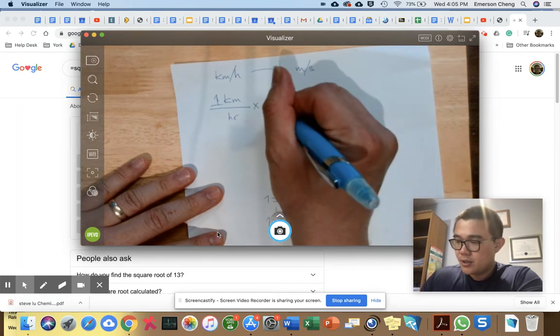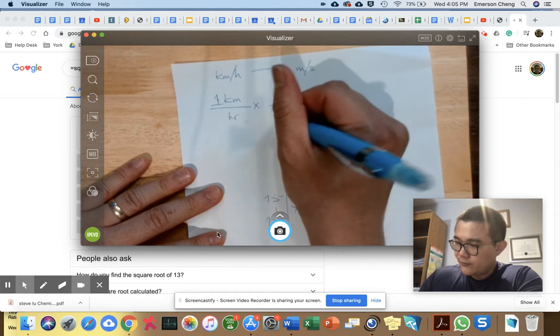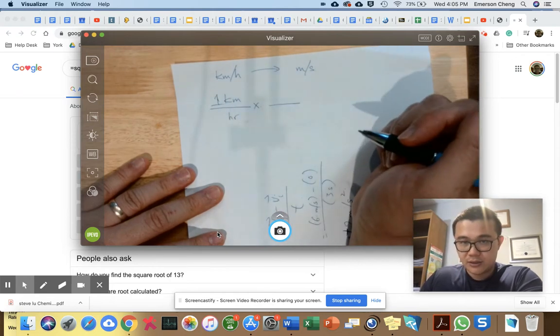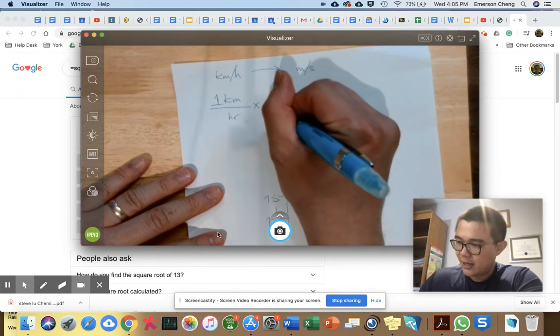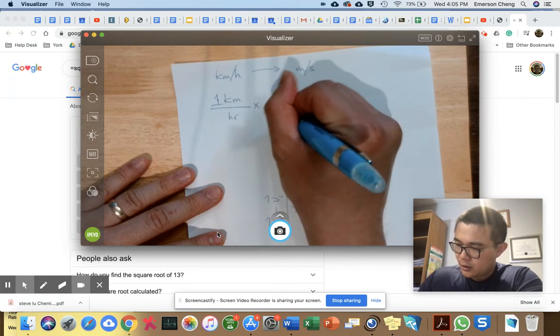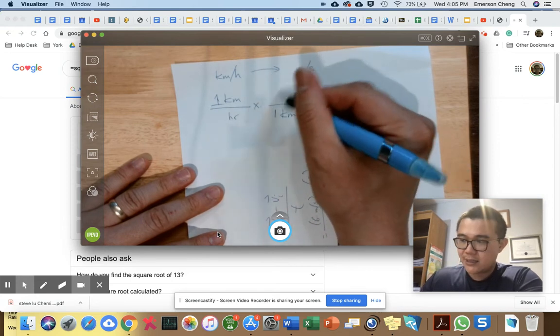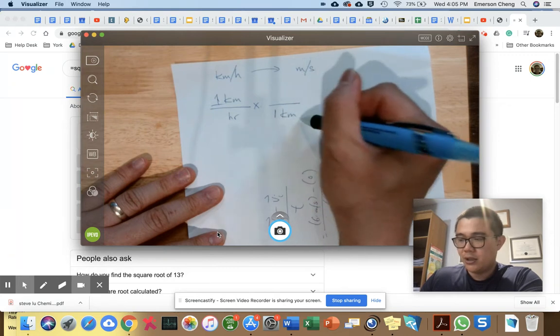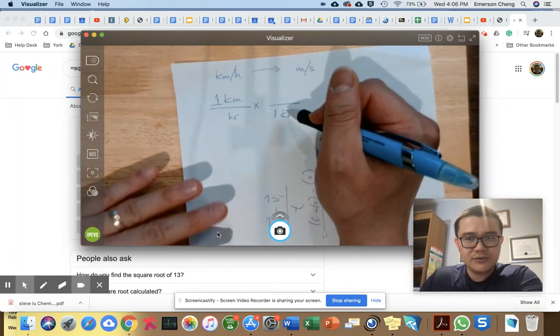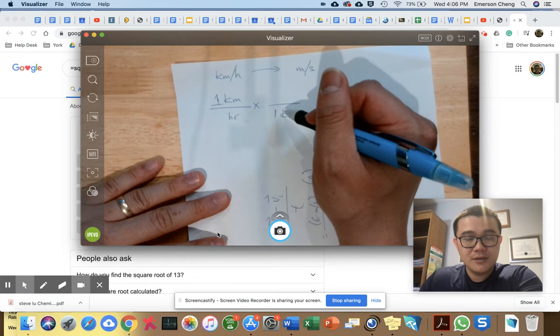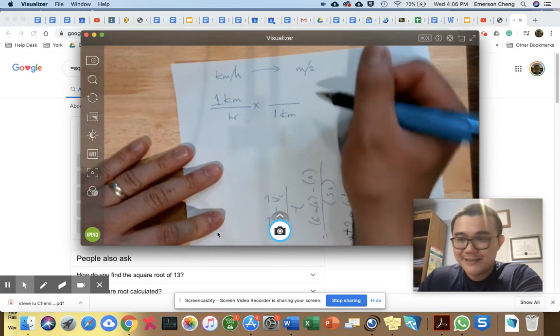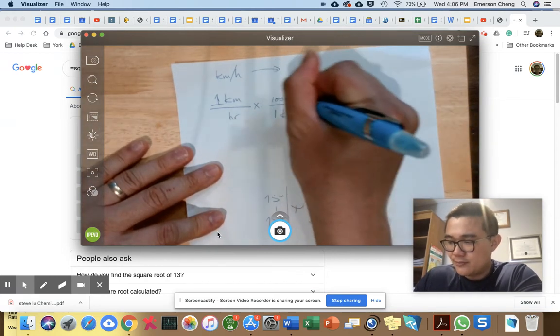So now let me ask you this. If I want to get rid of this kilometer business on top and put meters on top, I'll have kilometers here, so times, basically, times 1, right? So 1 kilometer. Now, 1 kilometer is how many meters? Hopefully you would say 1,000.